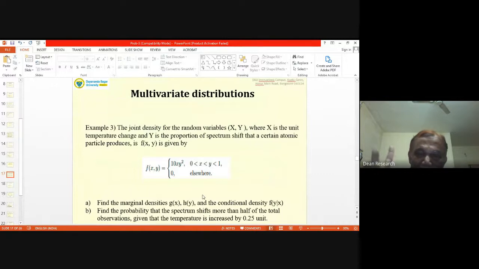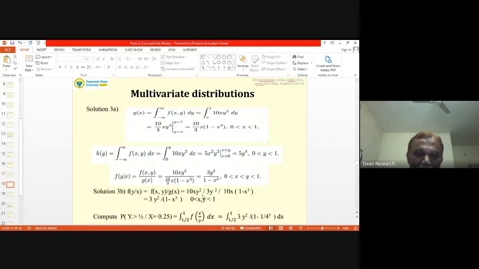It is given y is greater than half of the total duration of observation, meaning y runs from half to 1. See here, y greater than half given x equal to 0.25 is equal to the integral from half to 1 of f of x given y into dx.